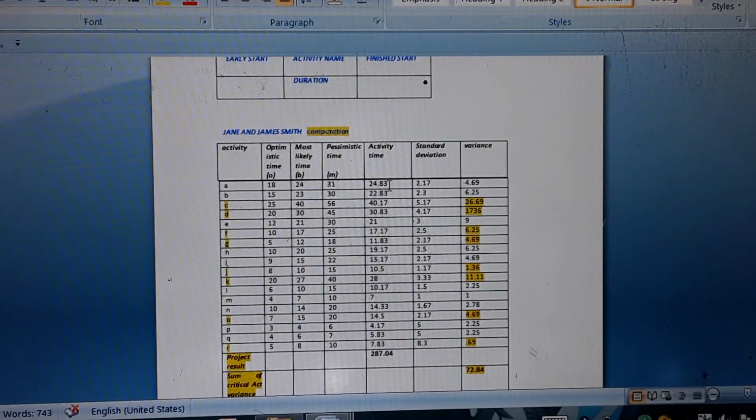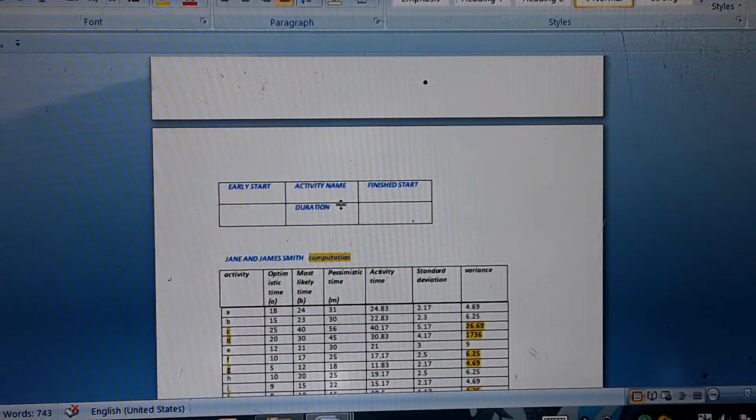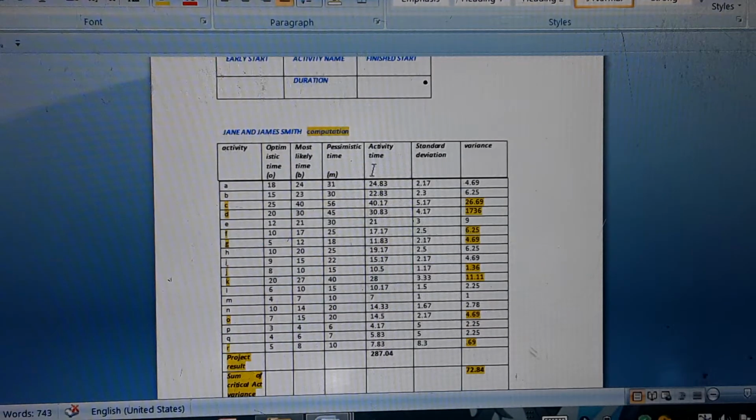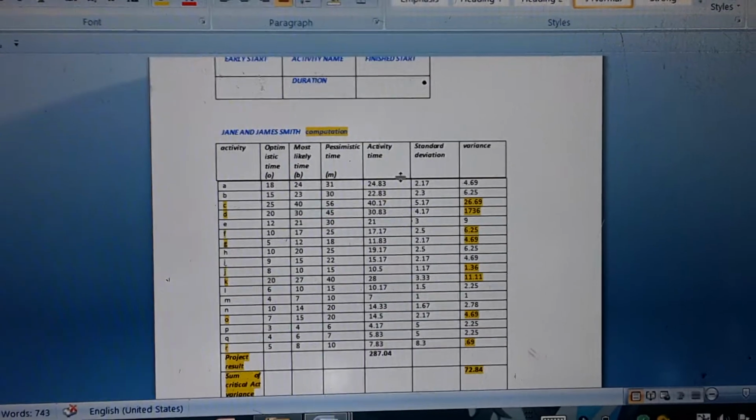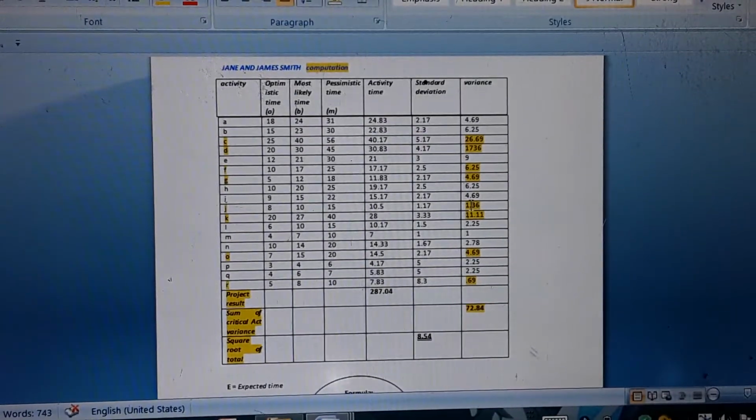This is the total, 24.83, and so on. We need to compute the estimated time mean to get the activity time. And for standard deviation, the square root of the total variance is 8.54.